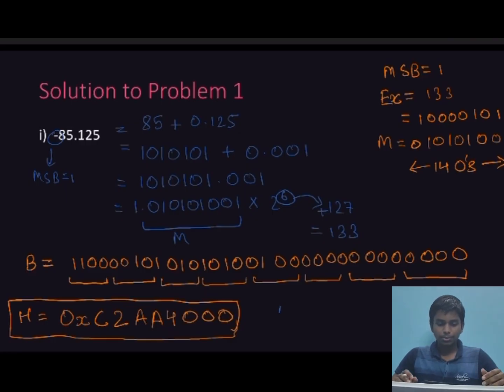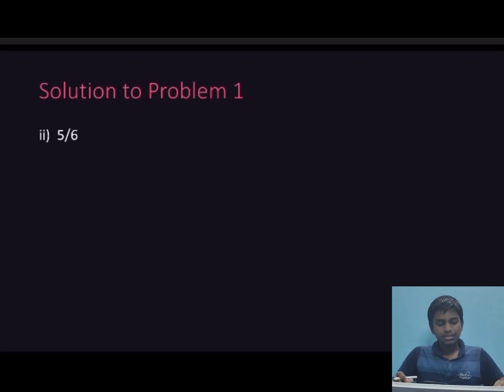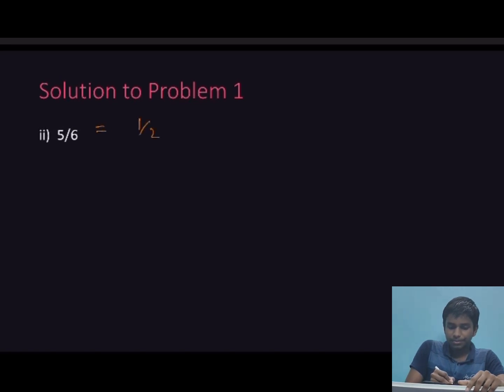So now moving to the second part. The second part is 5/6. Now 5/6 can be broken down as 1/2 plus 1/3. Now using some mathematical approximations, we can write 1/3 as 1/4 plus 1/16 plus 1/64 and so on, and it will go on until it reaches 0.